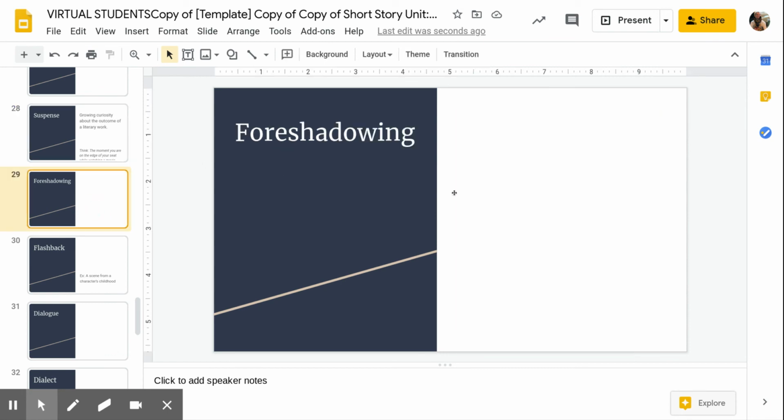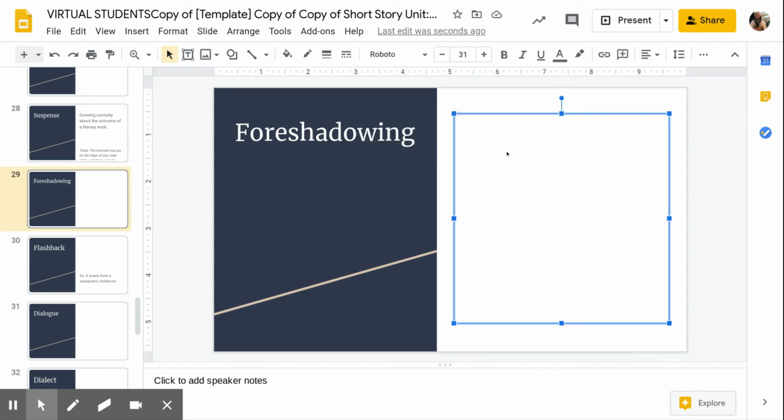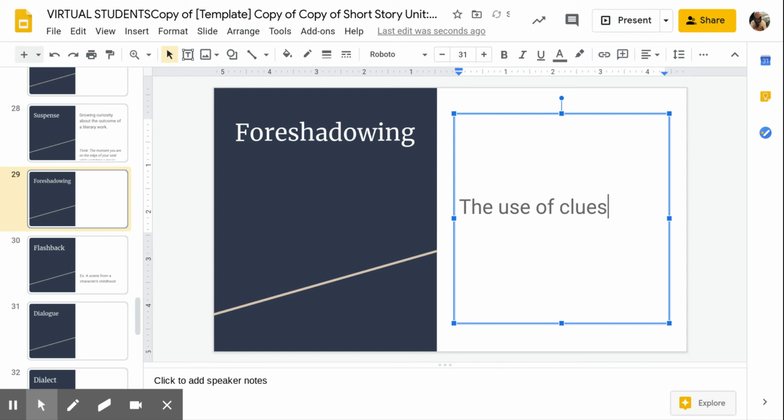Okay, so foreshadowing. Foreshadowing is simply the use of clues to suggest future events in the narrative.